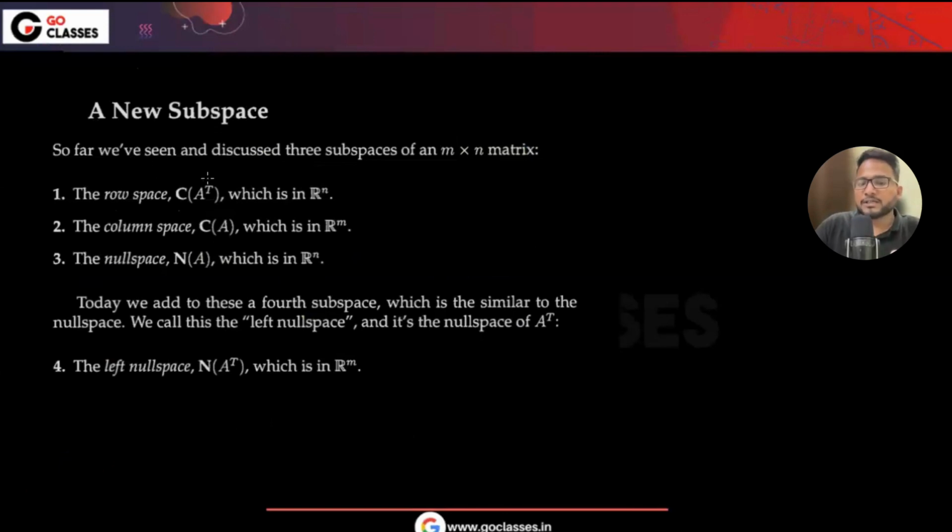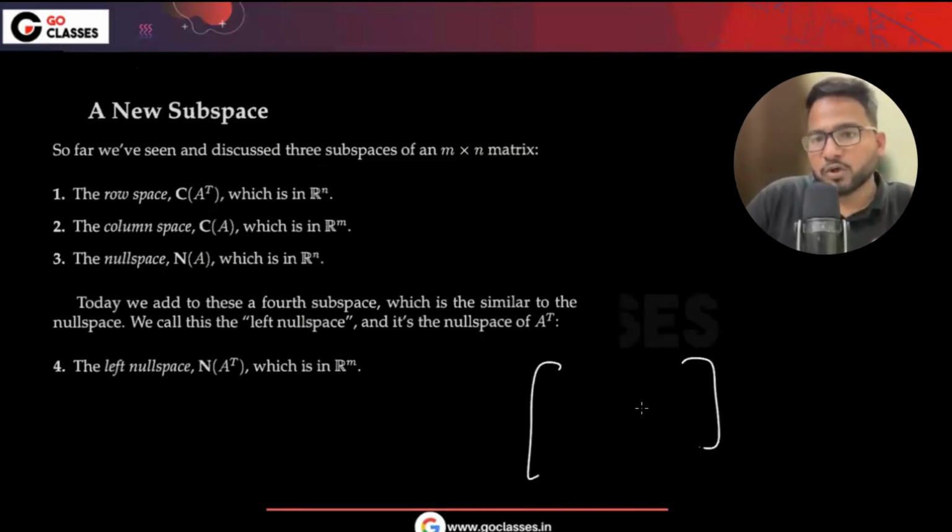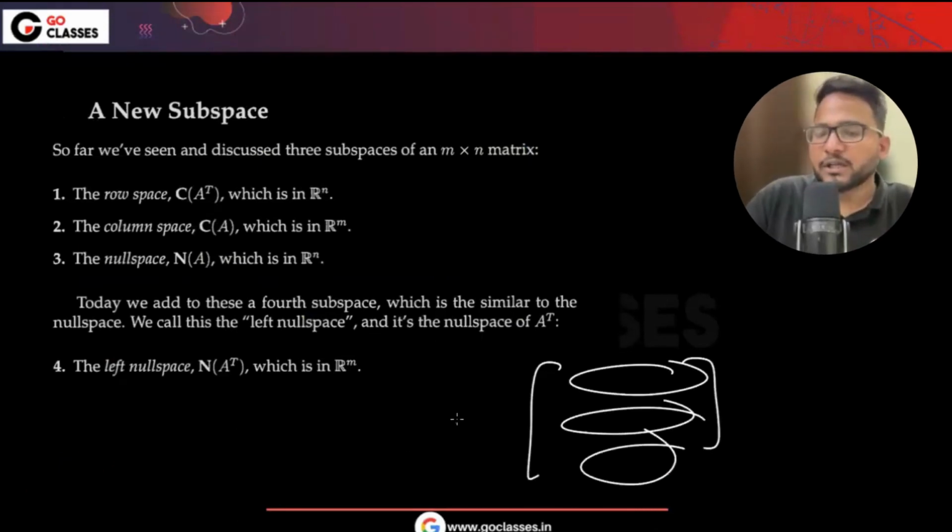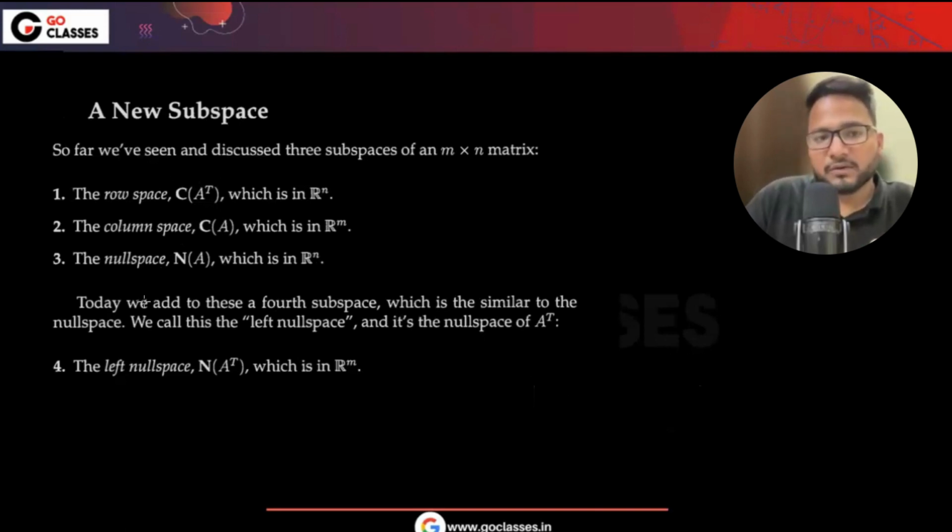Row space of A is as good as column space of A transpose. Is this okay to everyone? See, if you take the transpose of this row space, it will be the column space of A transpose, right? So the row space of A is the same as the column space of A transpose. Okay. And column space of A, null space of A. Okay, that's fine. Now let's see the fourth space, which is the left null space of A, which is also the null space of A transpose.